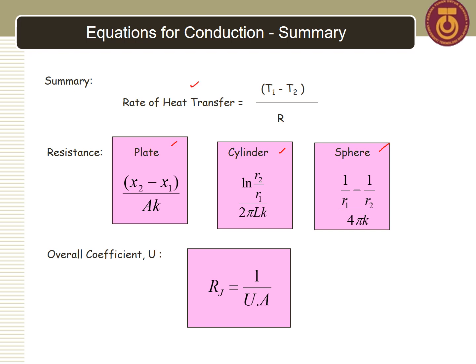And for different geometrical shapes, the R has a different formula. So this is for flat plate, this is for cylindrical system, and this is for spherical system. So you need to be careful. You need to know which formula to be used.